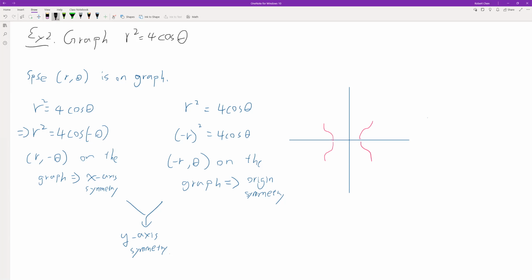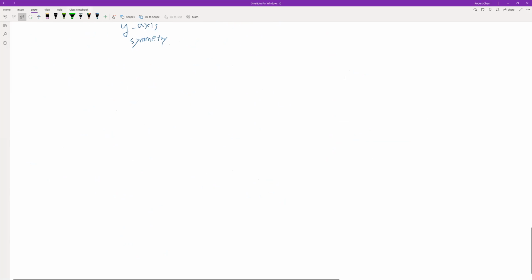All right, so let's take a look at how we can pick some points. We know r squared is equal to 4 cosine theta. Now we can't actually just graph this because we'll get two values of r. So if we take the square root, we get r is equal to plus or minus 2 times the square root of cosine theta.